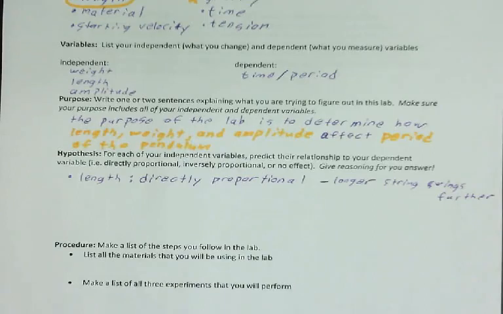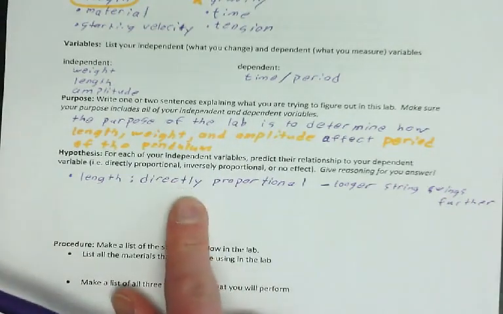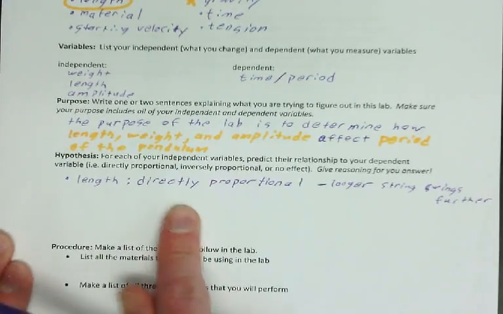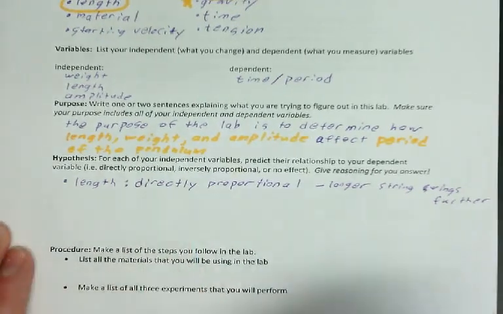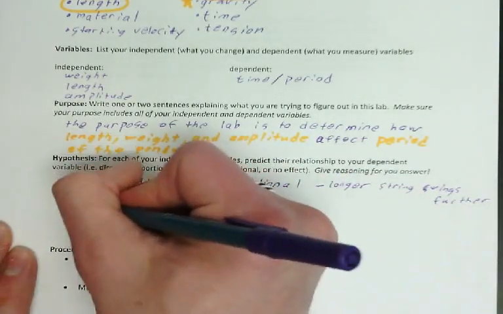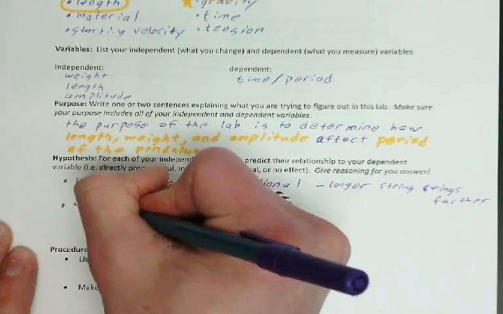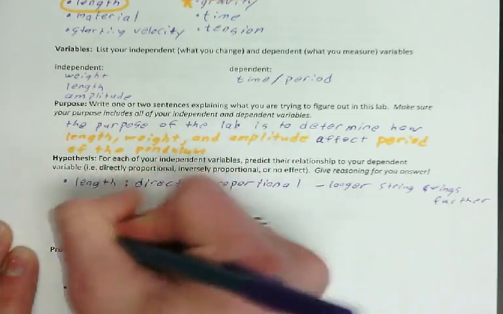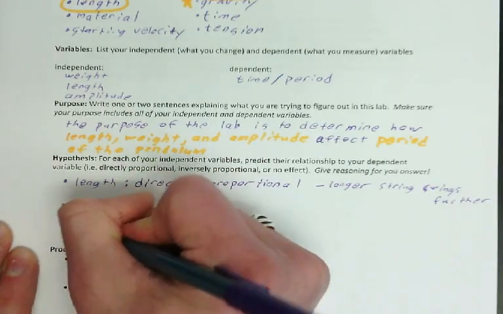You guys are going to do the remaining two. And if you disagree with his one, then do what you would do. You don't have to do the same thing that we did here as the example. But I want you to do the other two now. So the other two are going to be weight and amplitude.